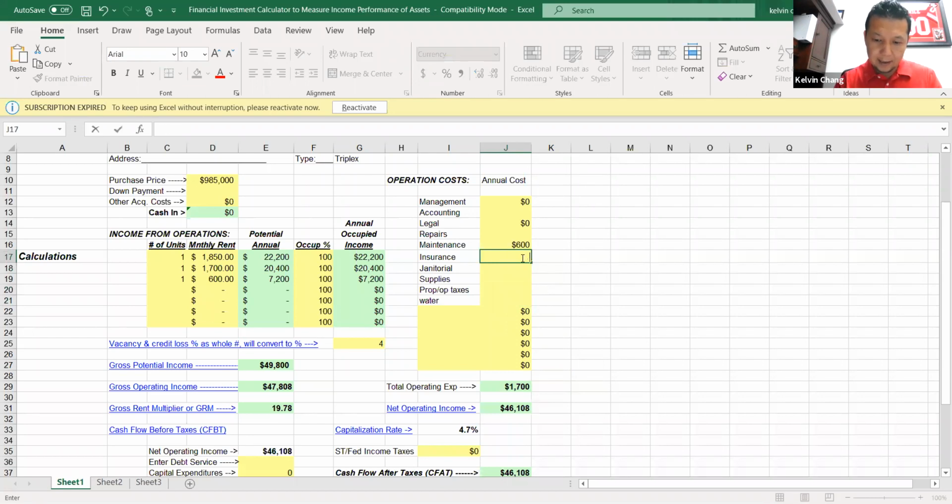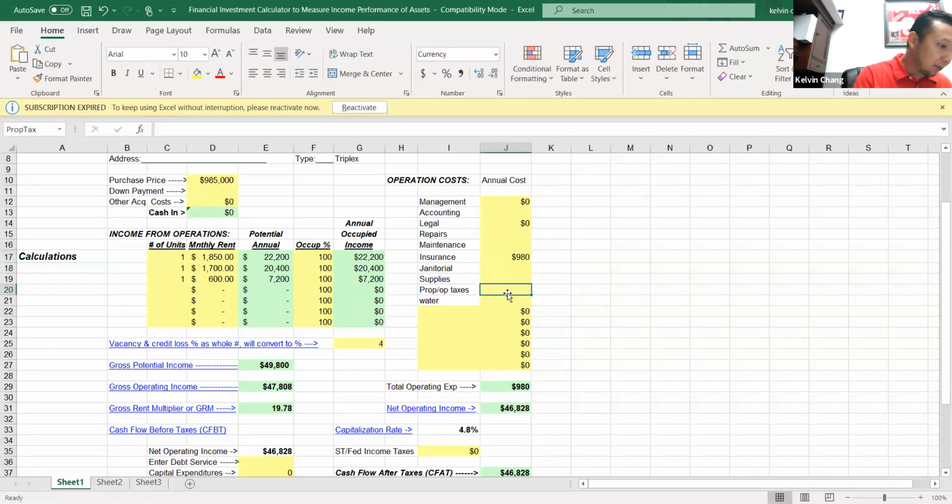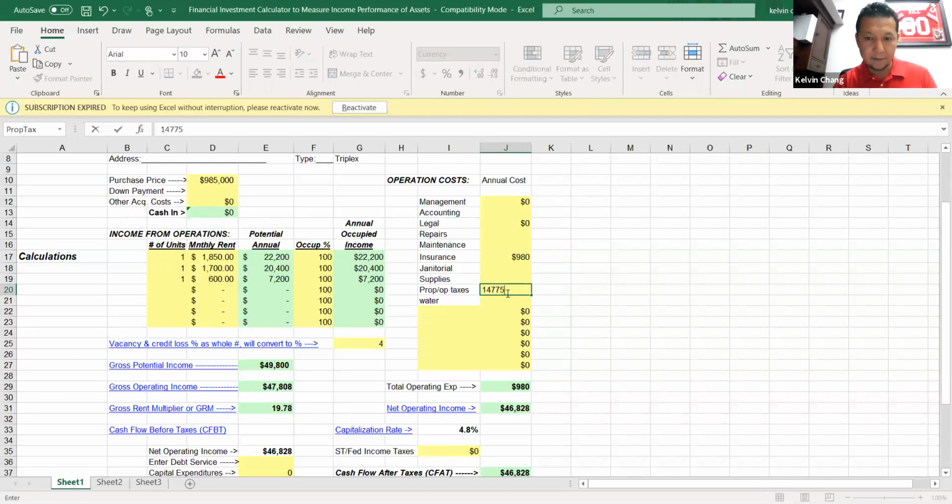They pay $980 for the insurance. Property tax is, and this is going to be for a new buyer. I'm going to calculate the property tax. $14,775.